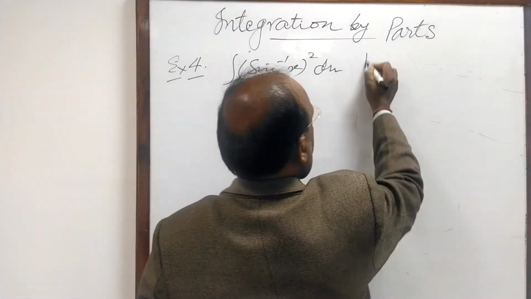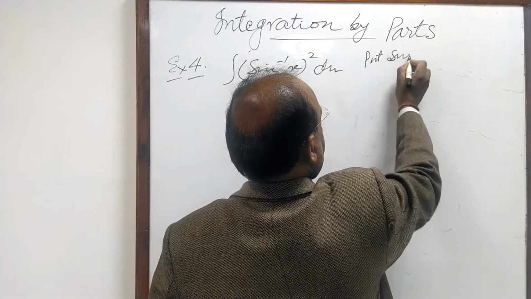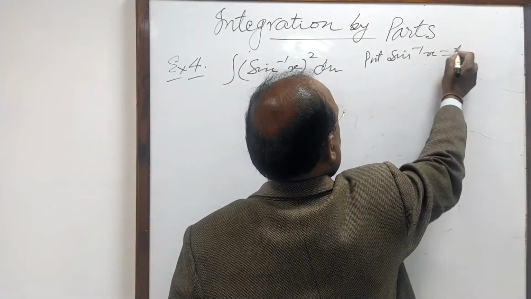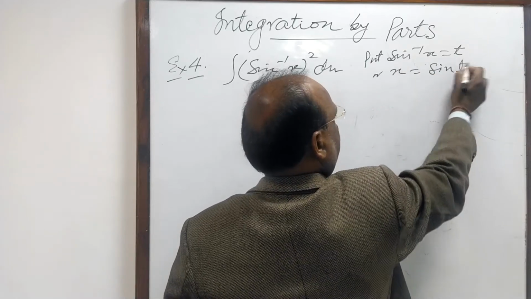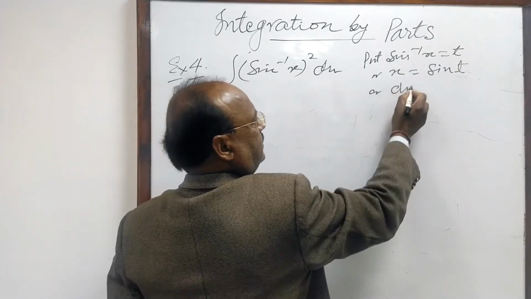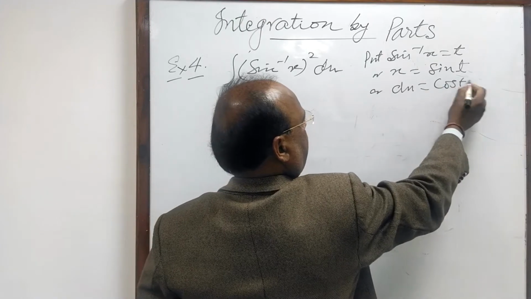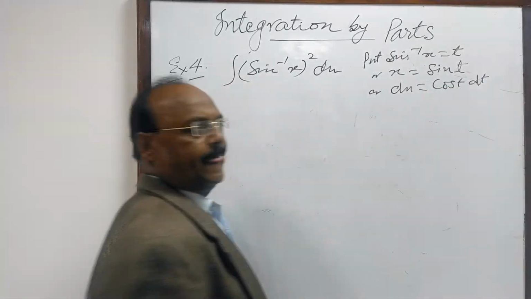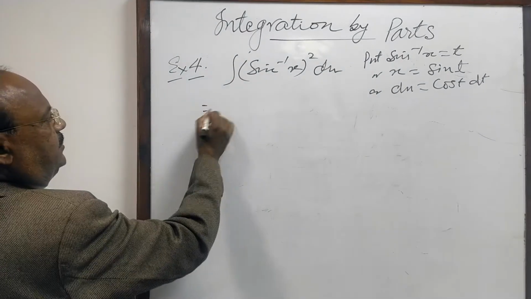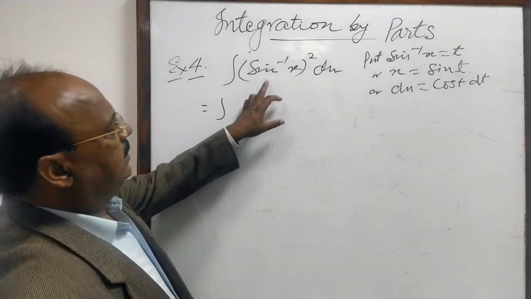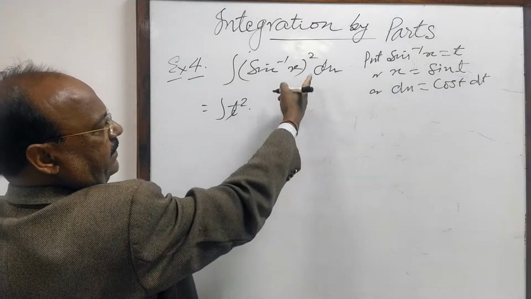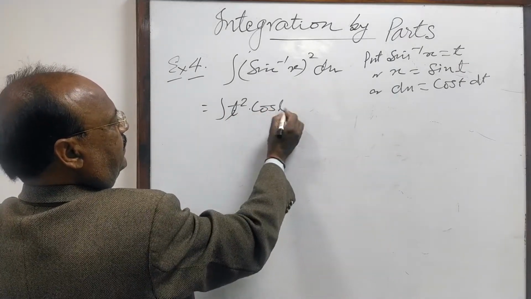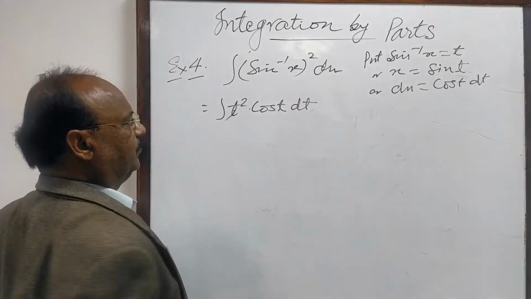We should put sine inverse x equal to t, or x equal to sine of t, or dx equal to cos of t dt. So now this integral can be written as sine inverse x is t, so this is t square, and dx is cos of t dt.